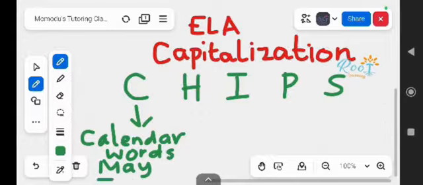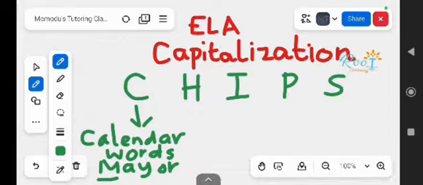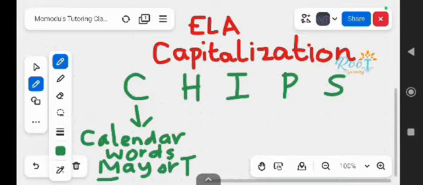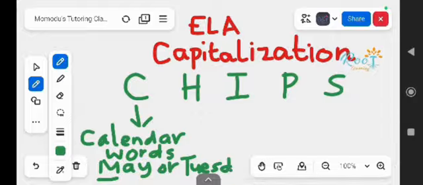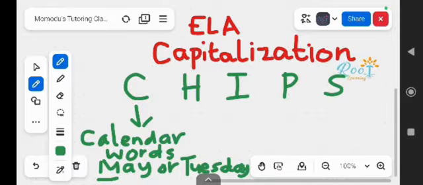May should begin with capital letter, your uppercase, or a day of a week like Tuesday. You see? So either of these should go with upper cases wherever you find them, whether they begin the sentence or at the middle of a sentence.